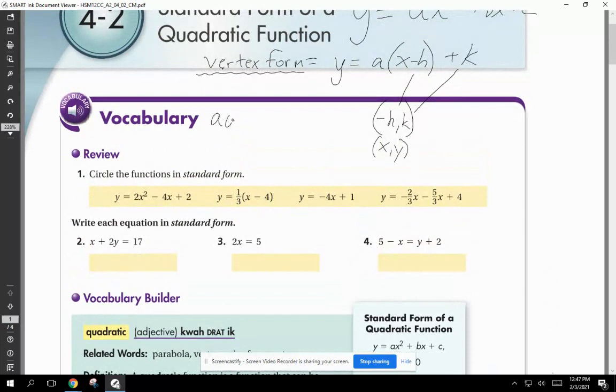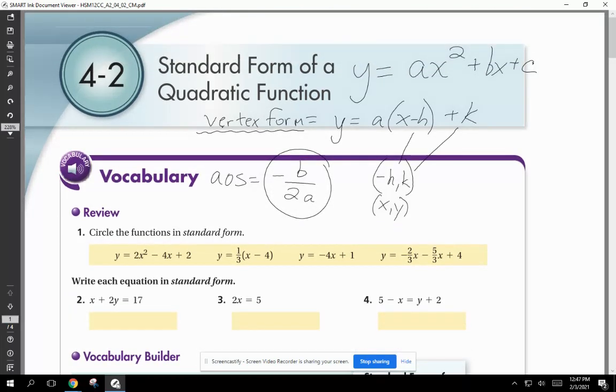Your AOS is negative b over 2a. So the b comes from this b, and the a comes from this a. You put that over the b over the a, times it by 2, give it a negative sign. That's your axis of symmetry.